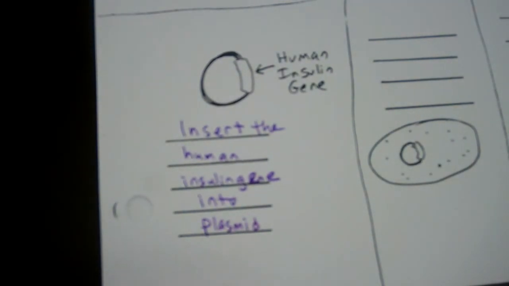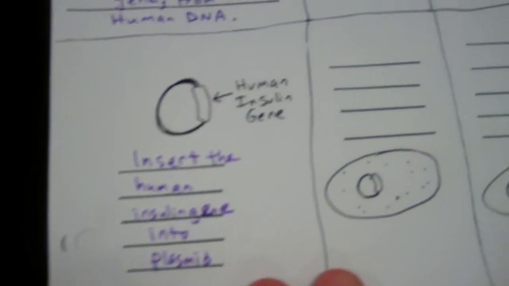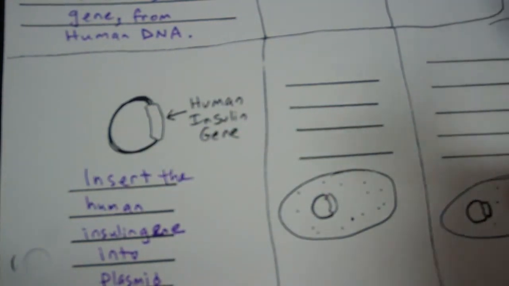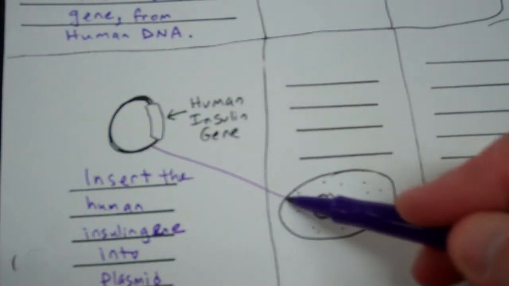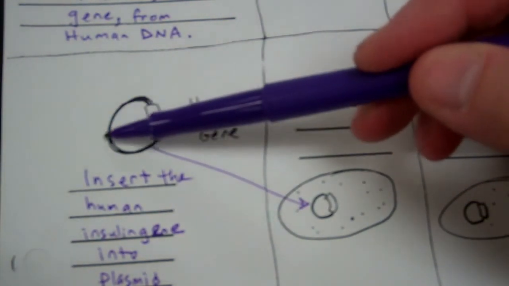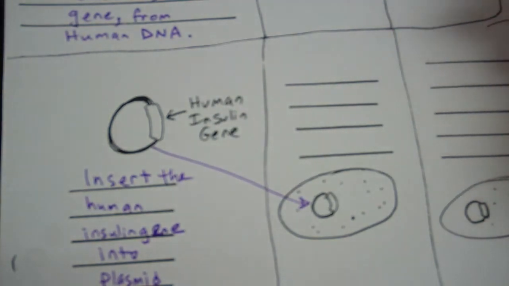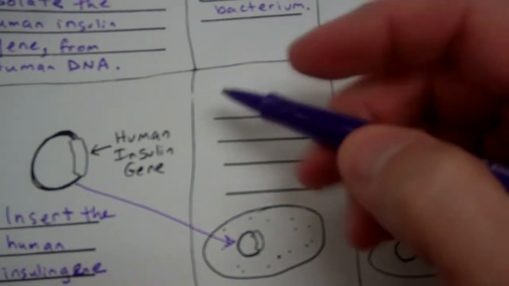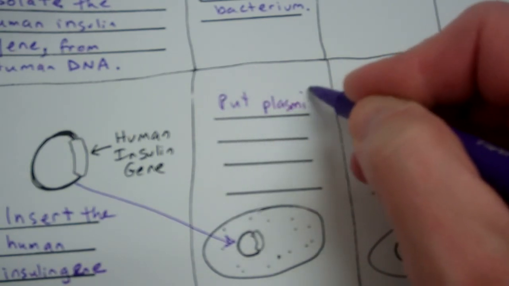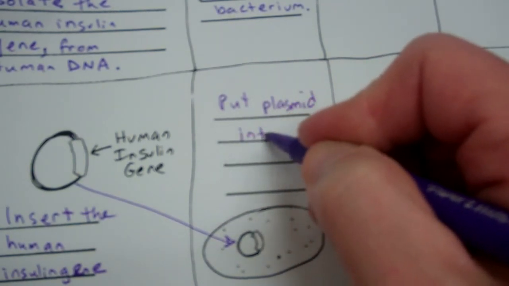Okay. And last, we are going to put this plasmid into our bacteria cell. So now this plasmid has recombinant DNA. It's got bacterial DNA and it's got human DNA. All right, so now we're going to put the plasmid into the bacteria cell.